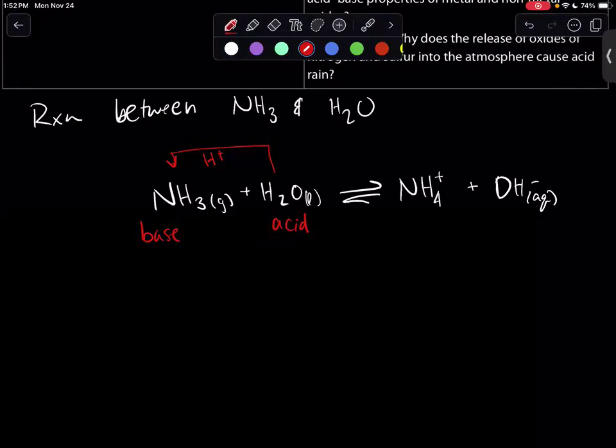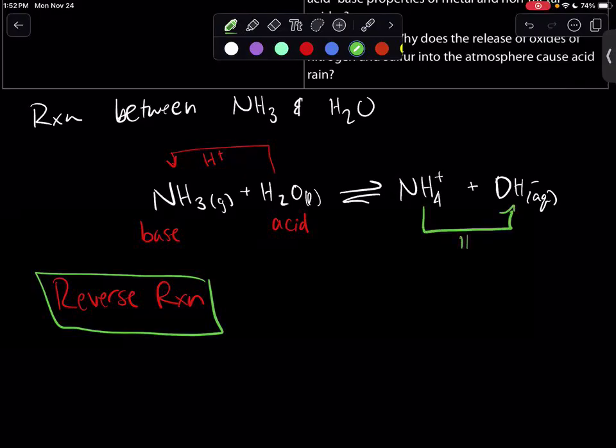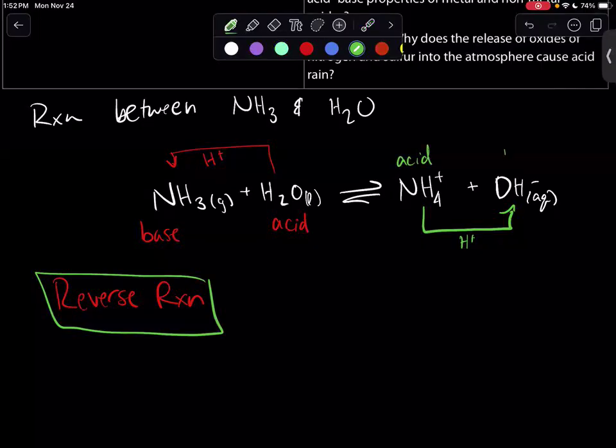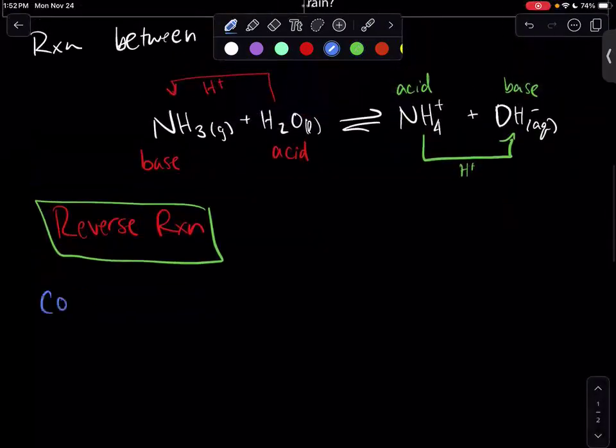But the crazy thing is this is reversible. So if we look at the reverse reaction, and I'll highlight that in green, we now have ammonium, which will be giving its proton to hydroxide. So this is actually going to act as an acid, while our hydroxide is going to act as a base. And these are Bronsted-Lowry acids and bases. What that shows us is that we actually have what are called conjugate pairs.